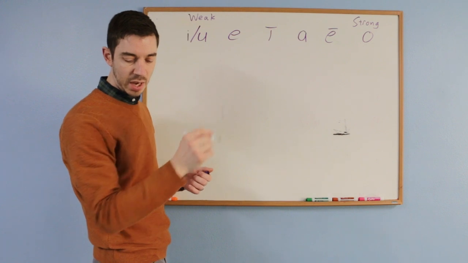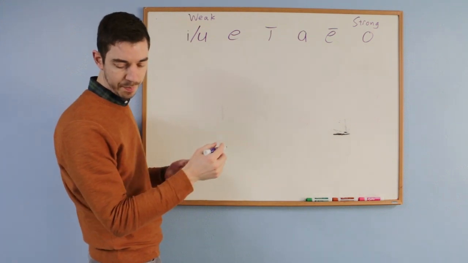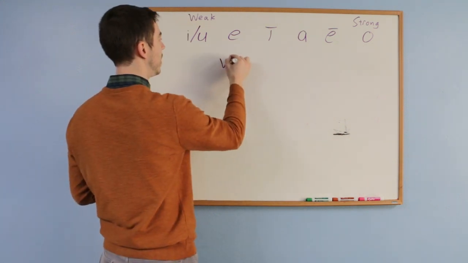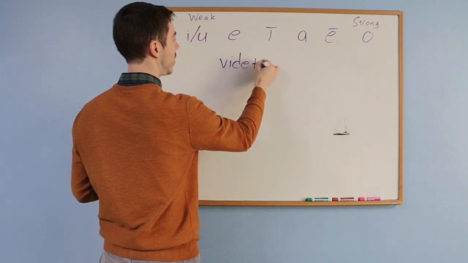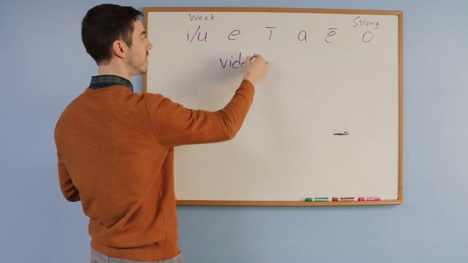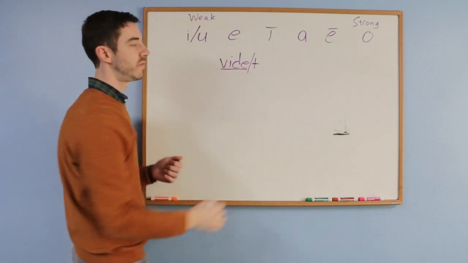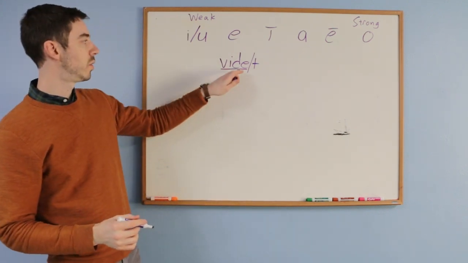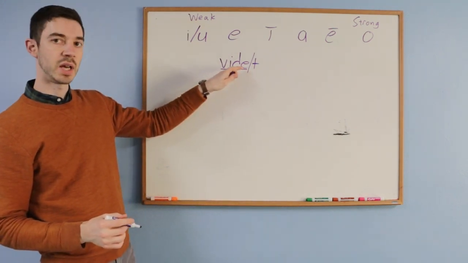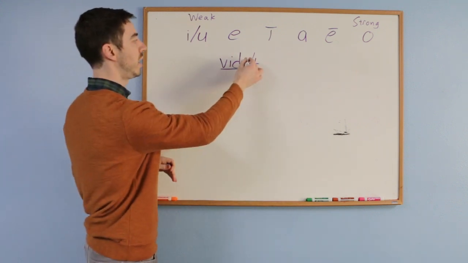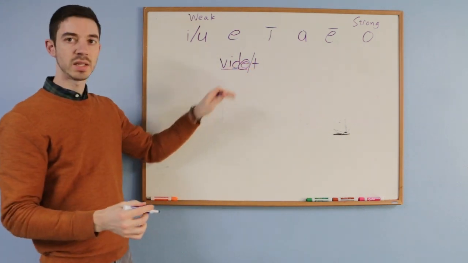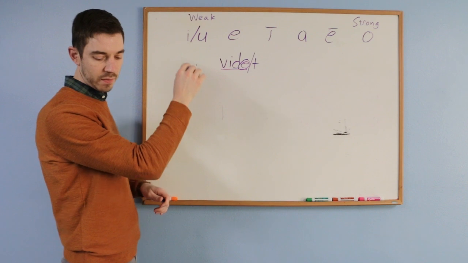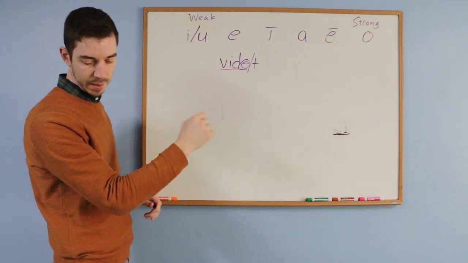The stem is just ambula, and it's an A stem. Next is videt. How do we find the stem? We just cut the T off, and the stem is vide. What kind of stem is this? Well, it ends with an E, so it's an E stem. So the answer would be vide and then E stem.